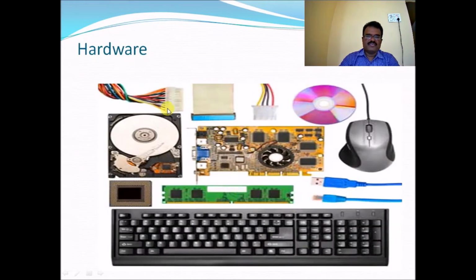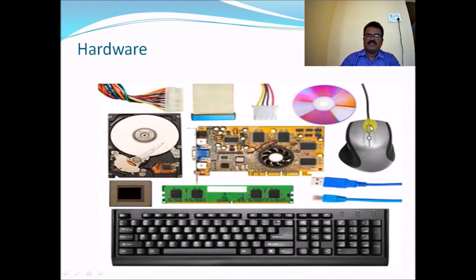Here we can also see different components in hardware. There is a power cable that connects to the motherboard. And this one is also called a power cable, used to connect the floppy disk drive and hard disk drive. This supplies power to the hard disk drive and floppy disk drive. And this is a data cable, a flat ribbon data cable used for the floppy disk drive and also the hard disk drive.